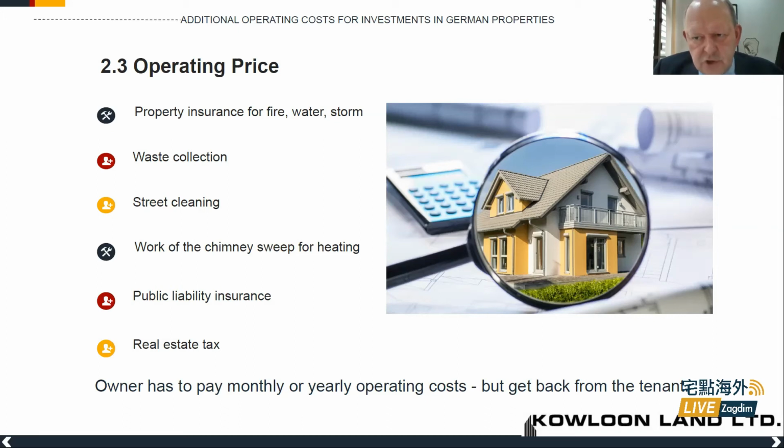For the tenant, which will be your investment, it's very easy. They pay the rent, and they also pay monthly in advance part of the Betriebskosten, which are calculated yearly. For example, it's calculated at 1,200 euro per year. Then the tenant has to pay 100 euros in advance every month.